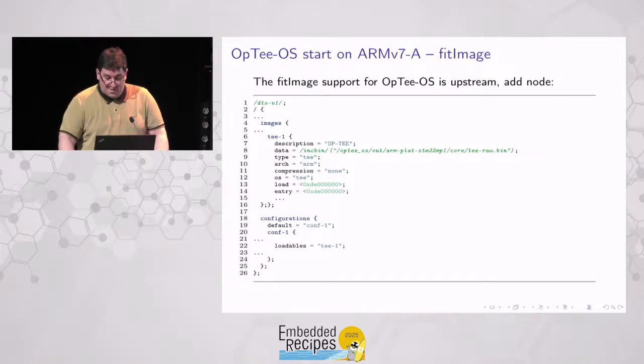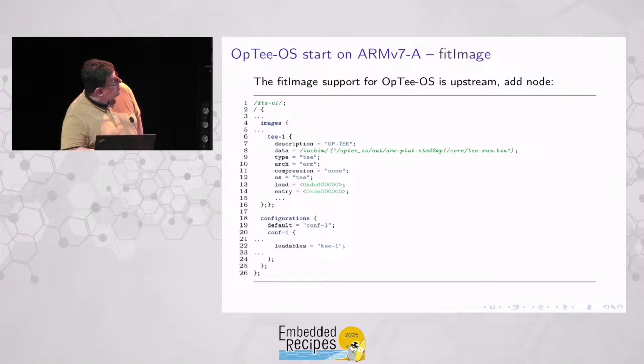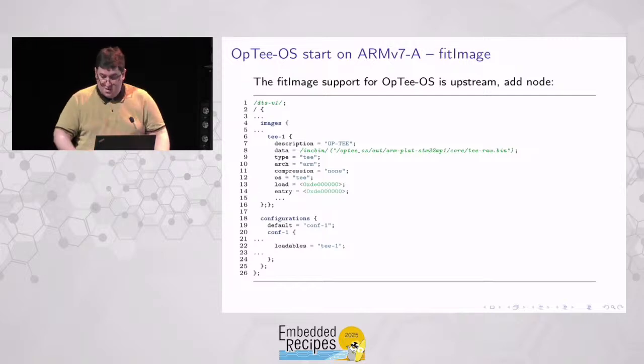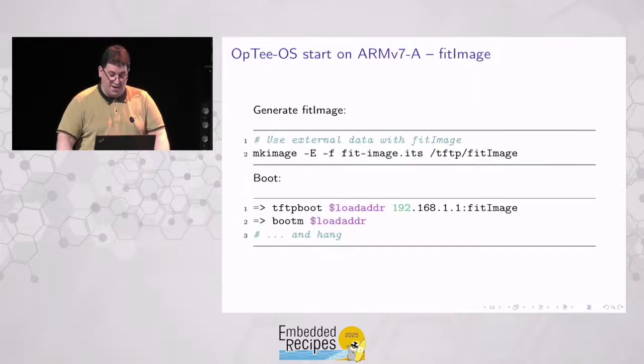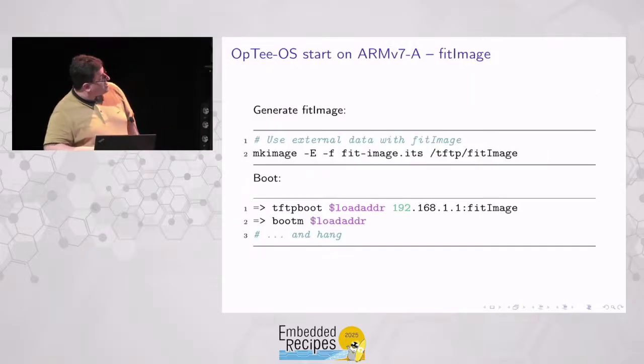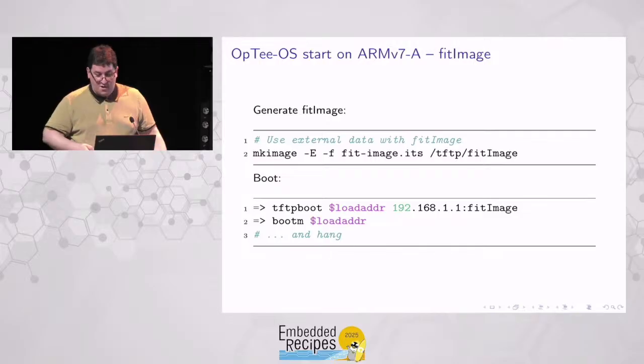And I could simply bundle the tee raw into the FIT image, reference it in loadables, and simply let U-Boot boot this kind of a FIT image, which would then contain the Linux kernel, the device tree, and the OP-TEE OS in this one single bundle, and generate the FIT image like this, and it doesn't work.